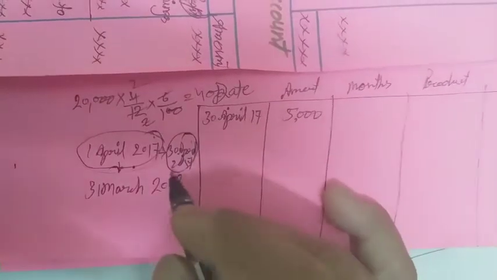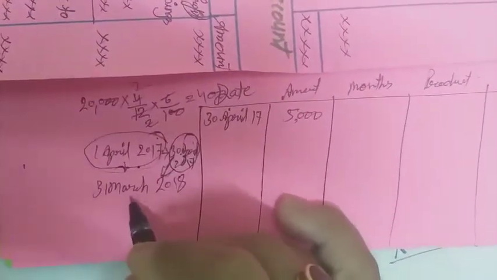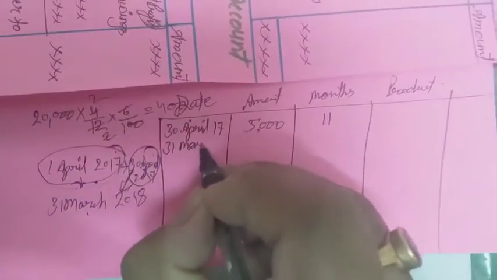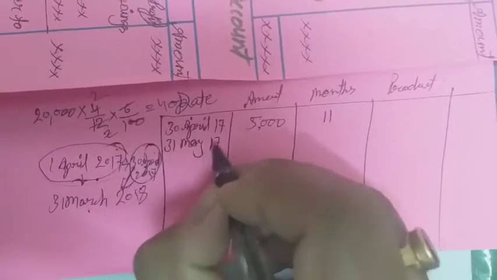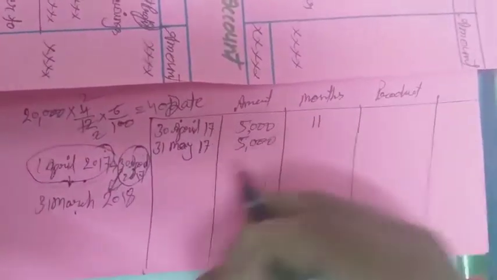So from this date to 31st March 2018 there will be 11 months. Then he will withdraw on the last date of the next month, 5,000 rupees.